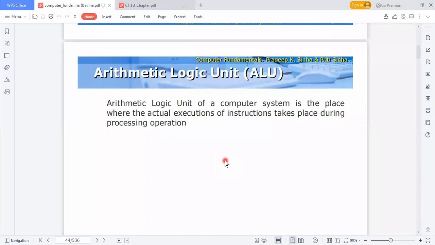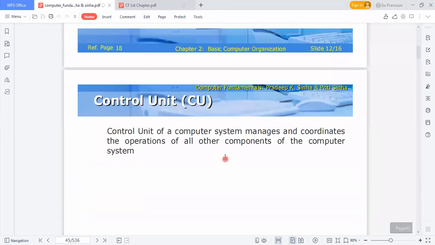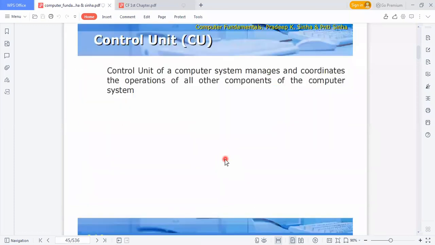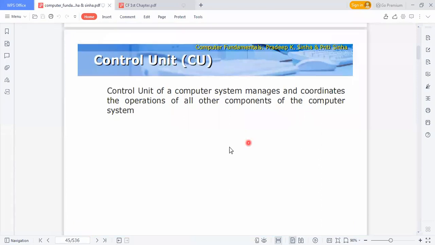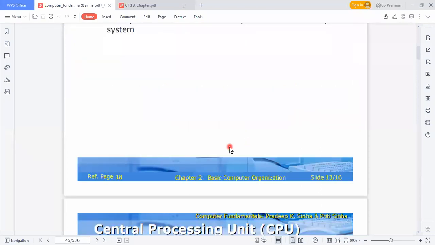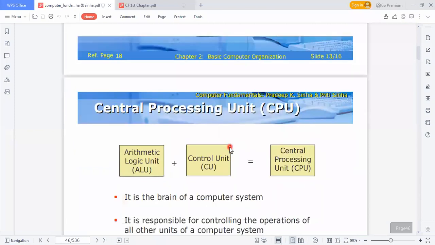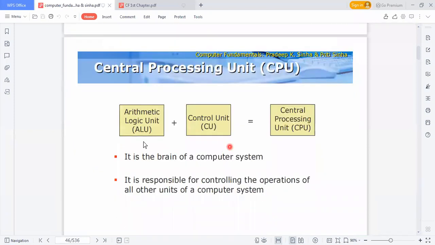After accepting the program, then what is the control unit? The control unit of a computer system manages and coordinates the operations of all other components of the computer system. So this is actually the main station of the CPU, that means the central processing unit. What is the central processing unit actually? Arithmetic logic unit plus control unit.